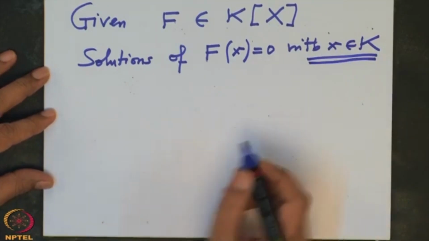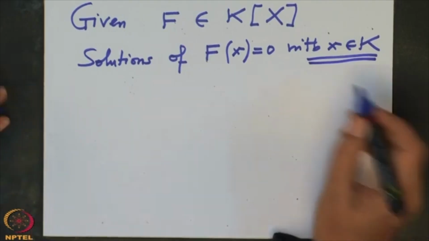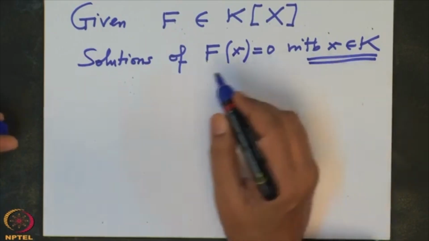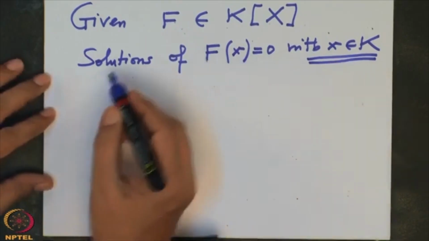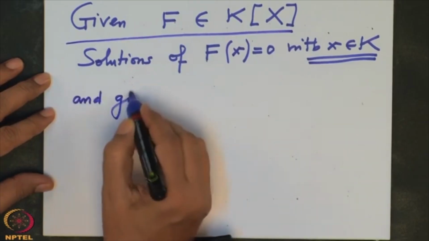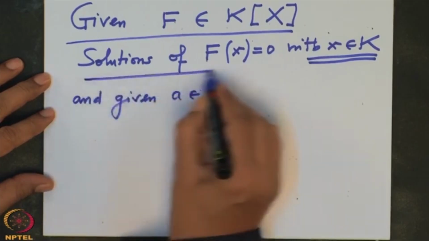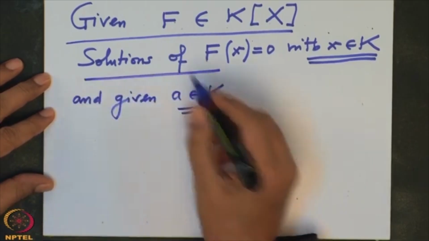So that means we want to decide how to check, for a given polynomial f and a given element a in k, whether this a is a solution of f.